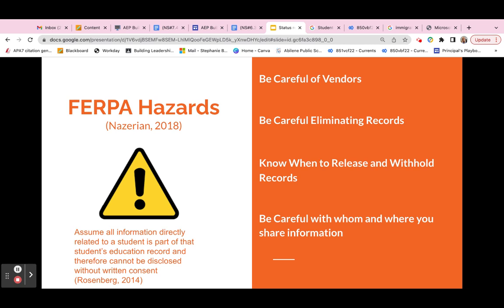So be very aware within your dealings as an educator, and that includes thinking about how, even if you're sharing things that are happening in your classroom, they might have identifiable student information within them.